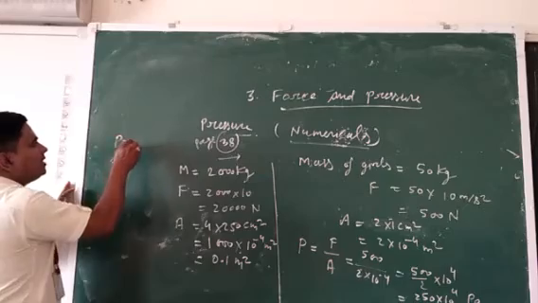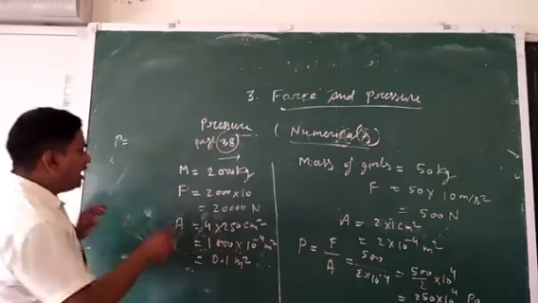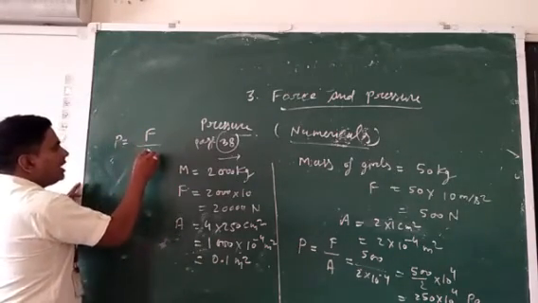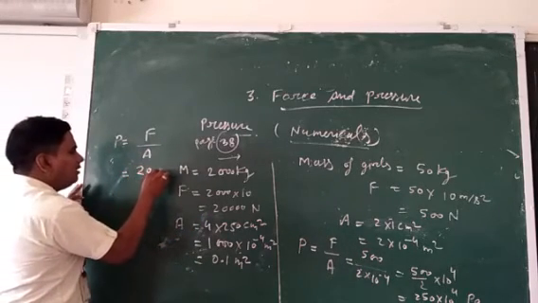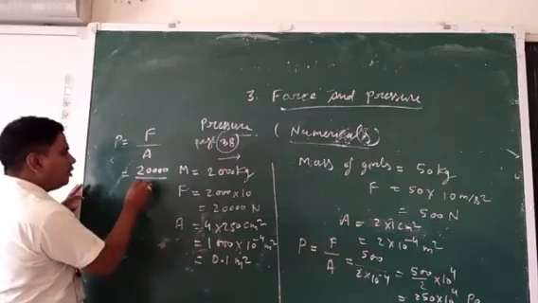So the pressure exerted by the elephant on the earth's surface: P is equal to force upon area. Force is 20,000. Area 0.1.